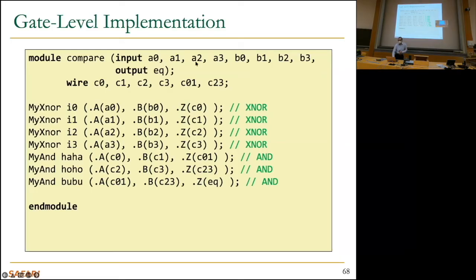As you can see, we're having individual bit inputs. And then output is whether or not they're equal. So first thing you do is 2-bit XNORs of each corresponding bits of A and B. And then you have a tree of AND gates on the outputs. Hopefully this is simple, right? And then the equal signal is tied to the output of the last AND gate.